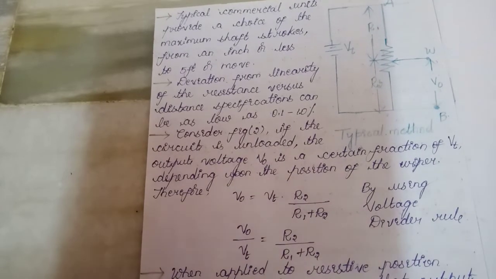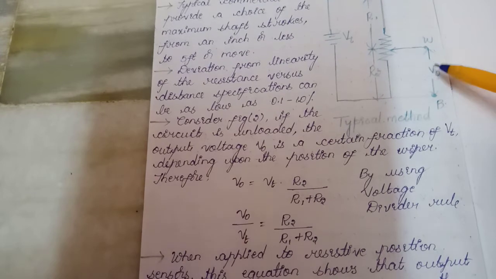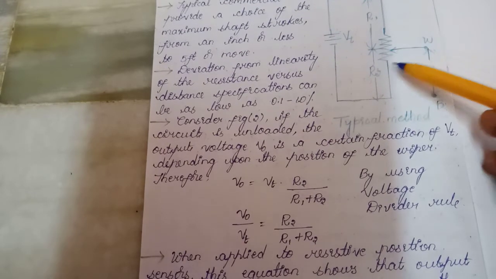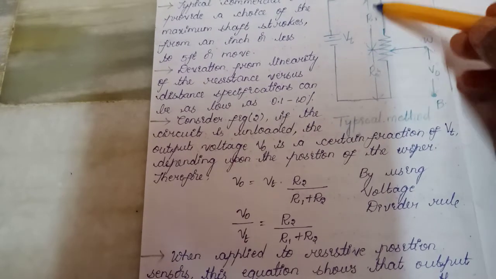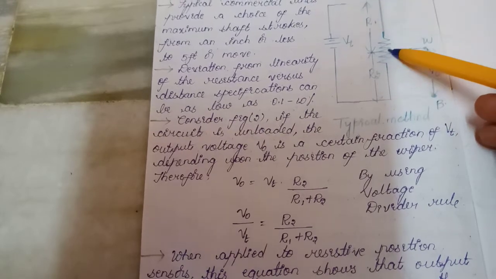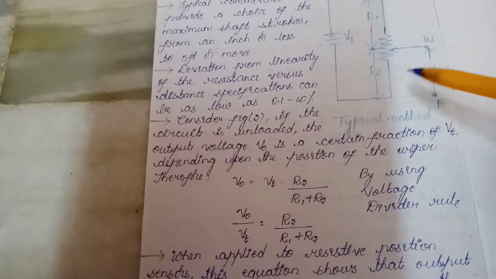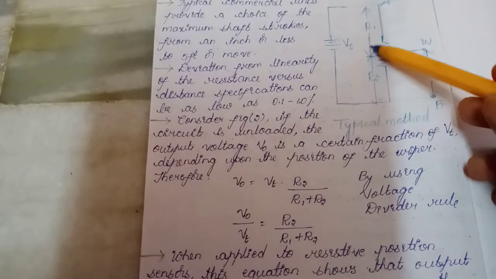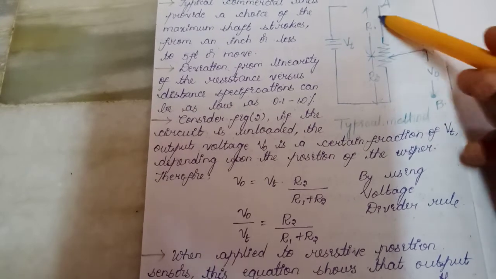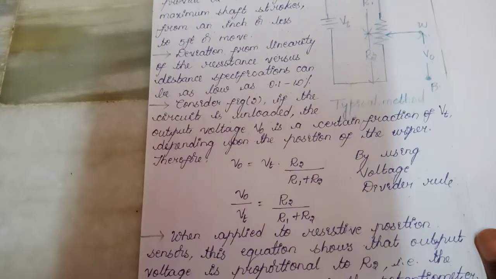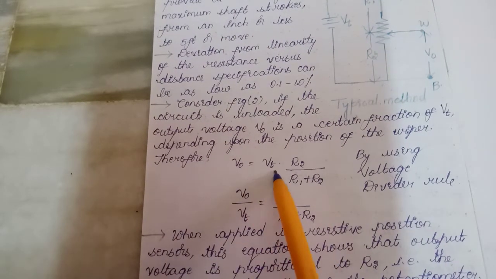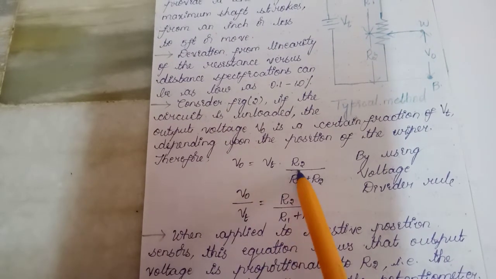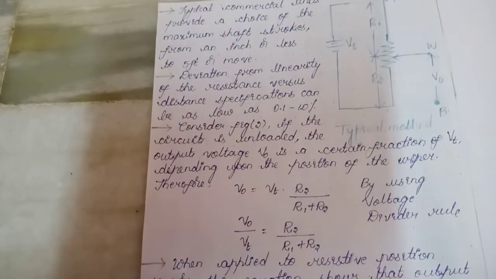What is the voltage divider rule? The output voltage V0 is equal to the opposite resistance by the total resistance. Total resistance here is not the equivalent resistance, it is the series combination of all the resistances present in the circuit. So the output voltage V0 is equal to VT, the input voltage, into R2 by R1 plus R2.